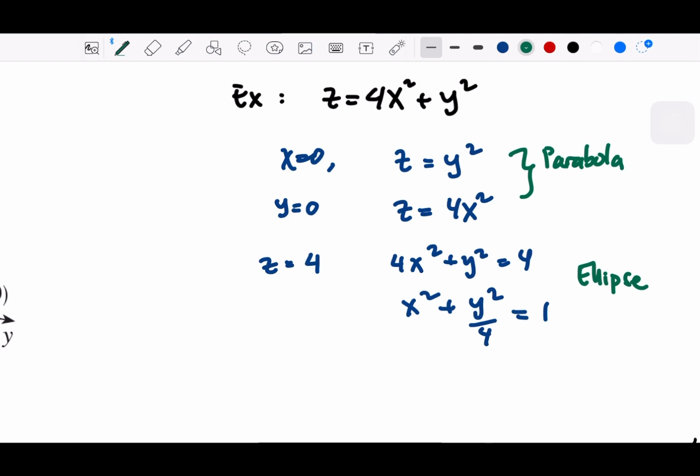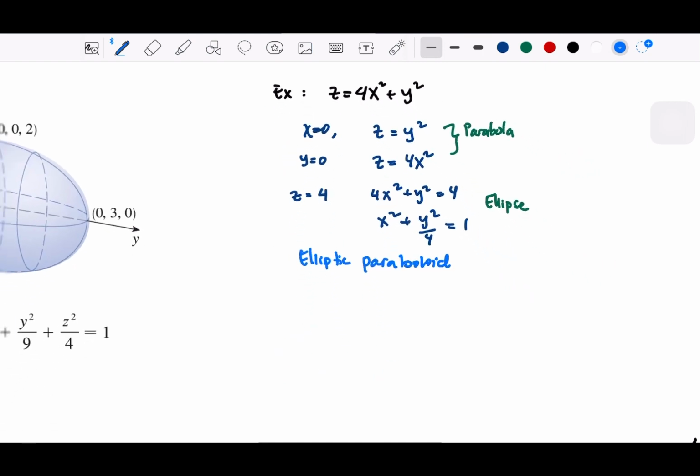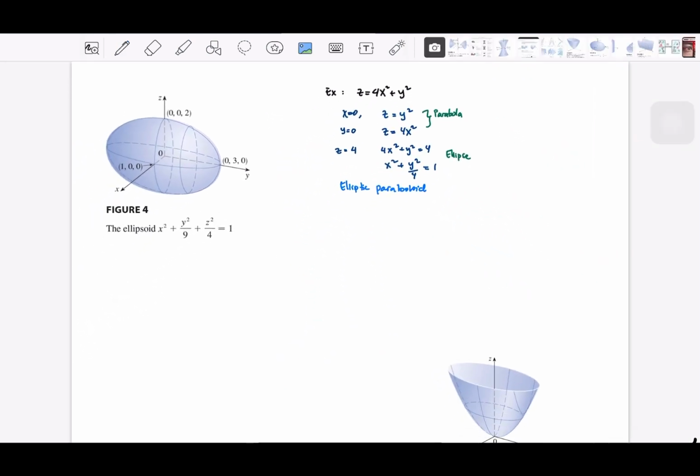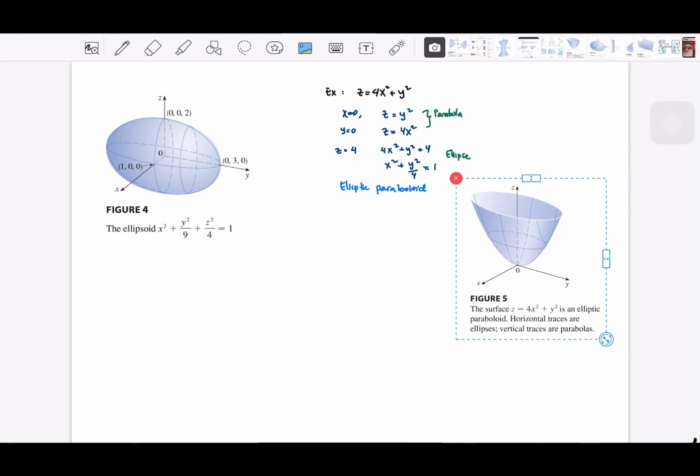So we call this an elliptic paraboloid. So you have a parabola, and at the end you will have an ellipse to close down the parabola. So let me go through this picture here. Okay, that is the picture.